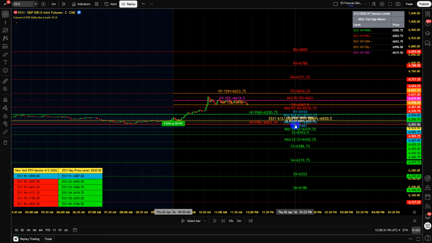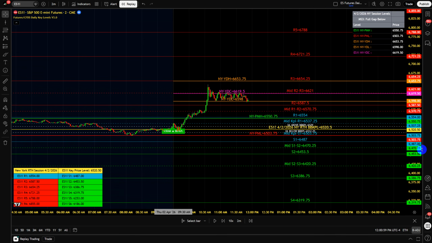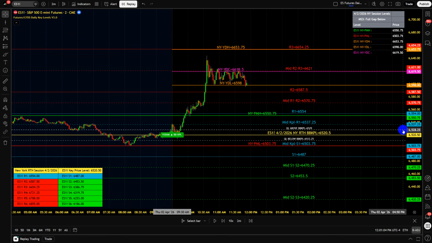So at the beginning of a session, you're mainly going to be concerned with R2 down to S2 with most symbols, and the trading is going to be centered around the bull bear key price level at the beginning of the session. So what you want to do is go over to the right price axis, left click on your mouse and hold down, and expand your screen out till you get to the look that you prefer.